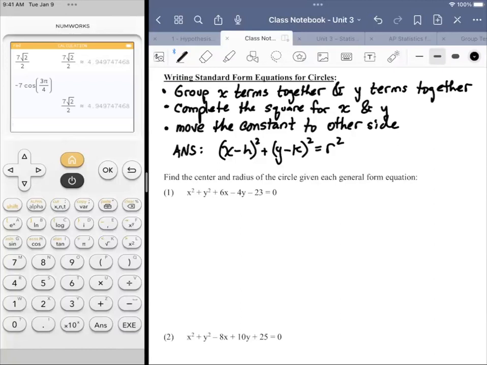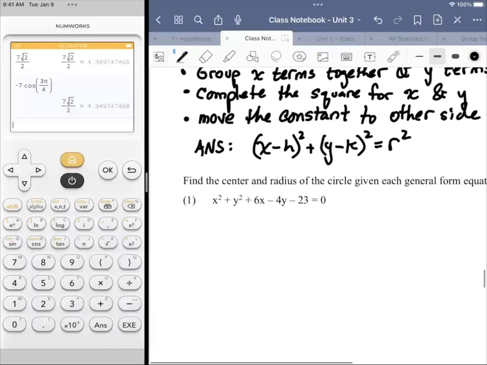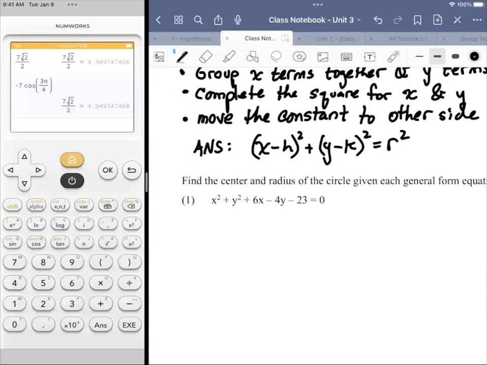So group the x terms together and y terms together. So I'm going to write this as x squared plus 6x. I'm going to leave a little space to complete the square, plus y squared minus 4y.